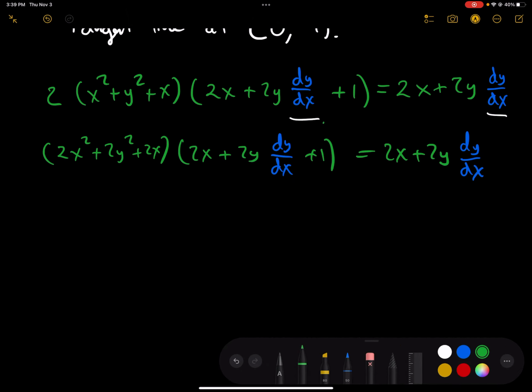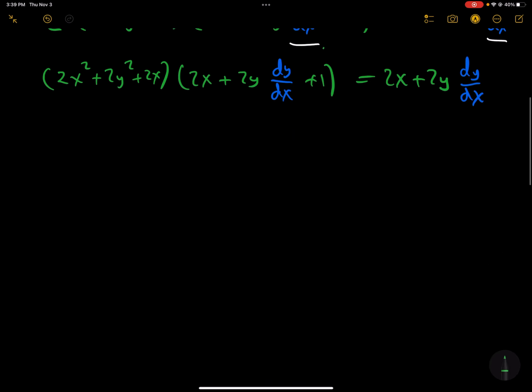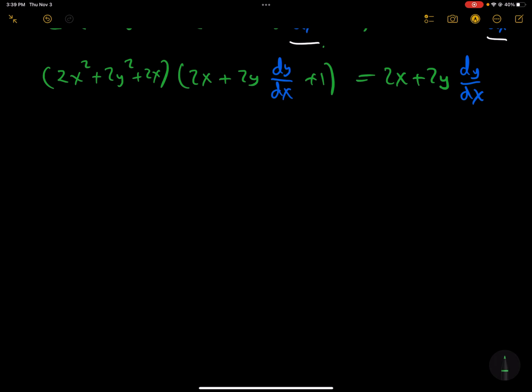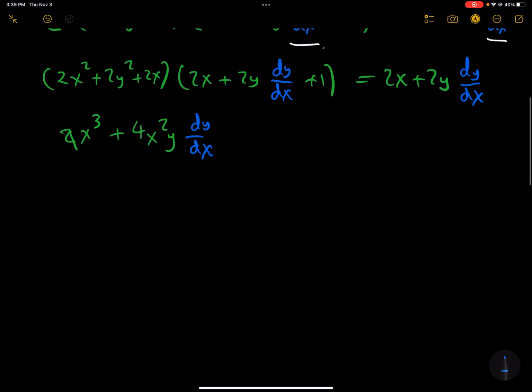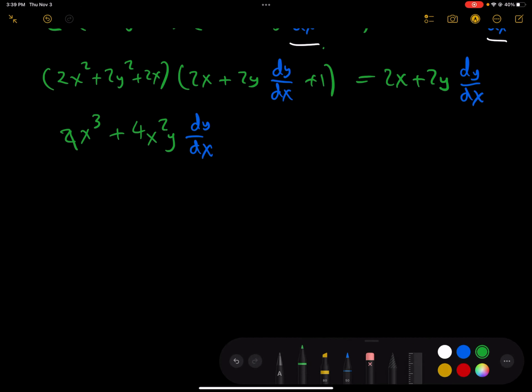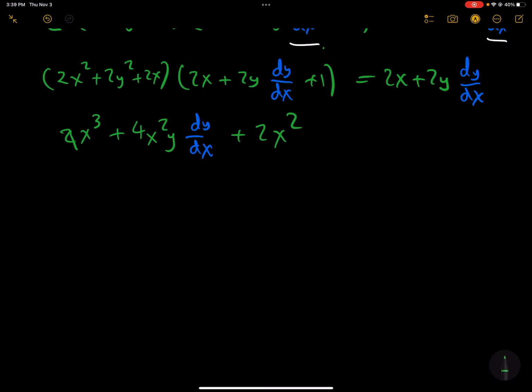Now let's multiply the first two parentheses on the left-hand side. We will get 2x cubed plus 4x squared y dy over dx plus 2x squared.